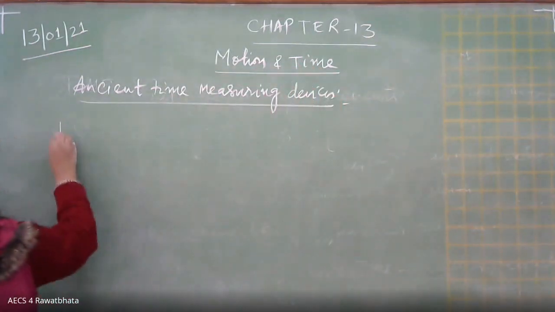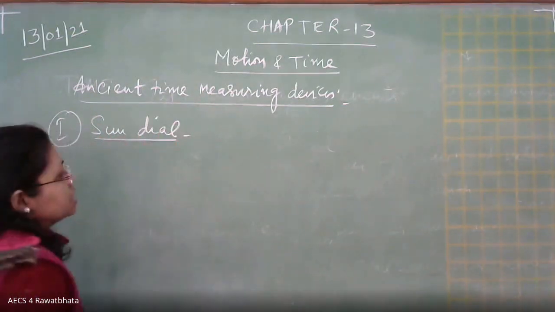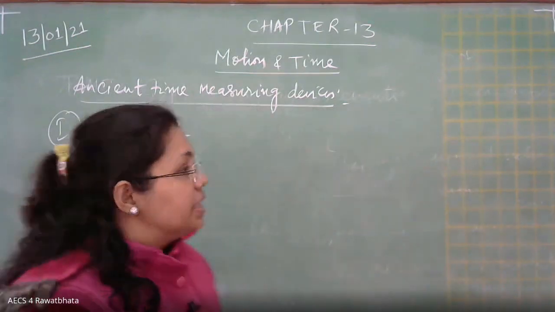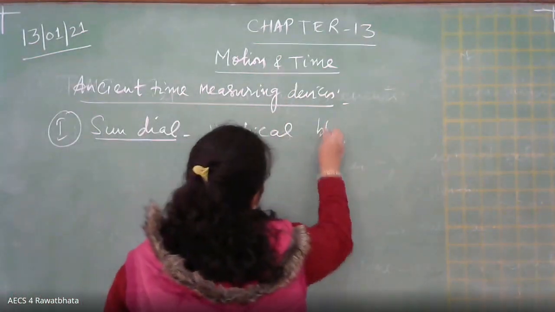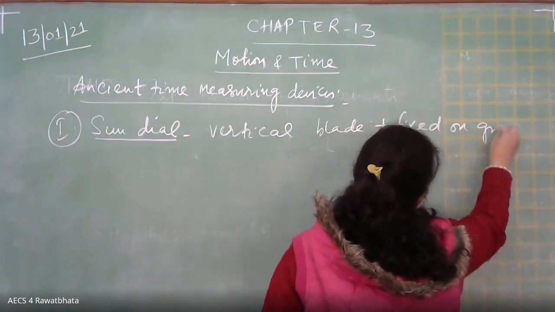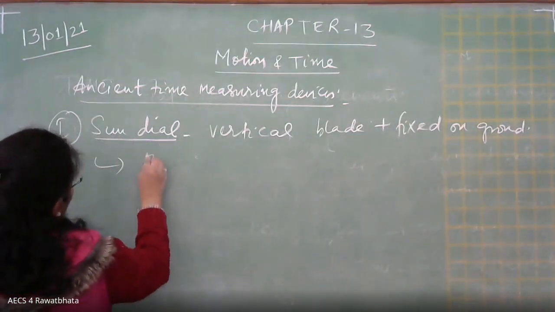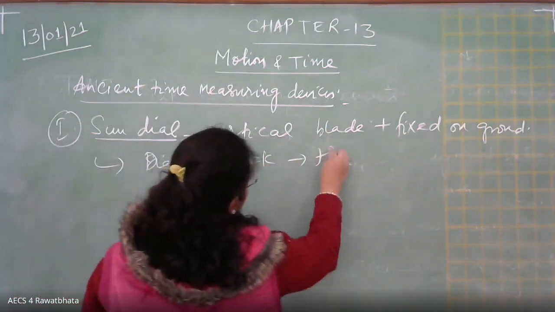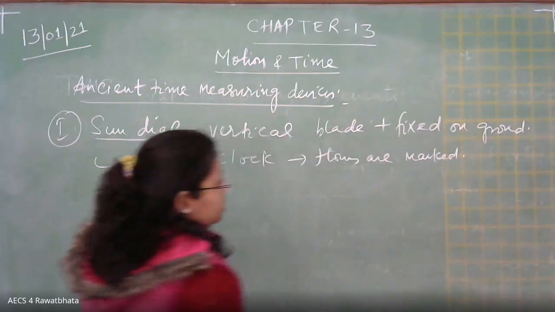And here the most interesting one is the sundial. Now this sundial used to have a vertical blade fixed on the ground, and on the ground we used to have the dial of the clock on which hours are marked.